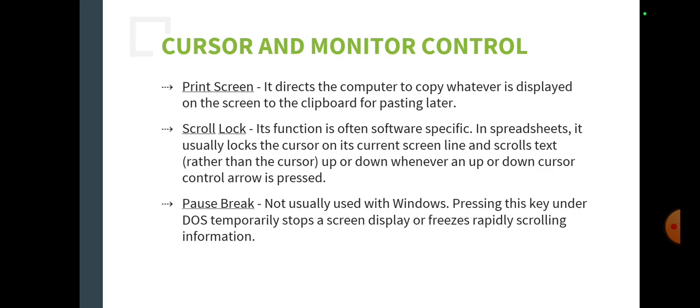In spreadsheets, it usually locks the cursor on its current screen line and scrolls text rather than the cursor up or down whenever an up or down cursor control arrow is pressed. The Pause Break is not usually used with Windows. Pressing this key under DOS temporarily stops a screen display or freezes rapidly scrolling information.